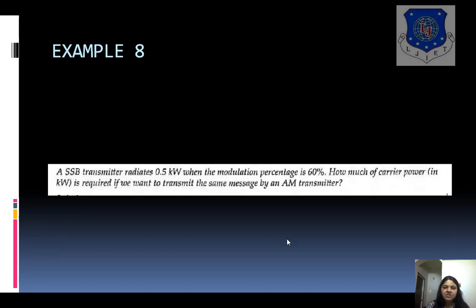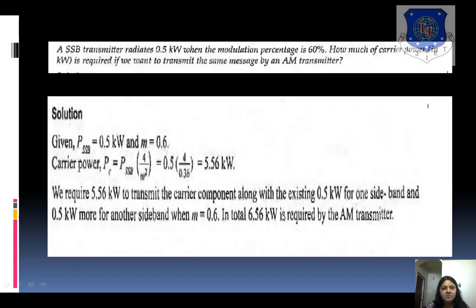Example number 8. An SSB transmitter radiates 0.5 kilowatt when the modulation percentage is 60%. How much carrier power in kilowatt is required if we want to transmit the same message by an AM transmitter?